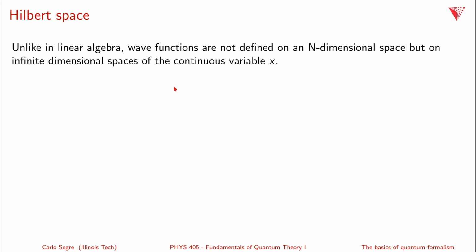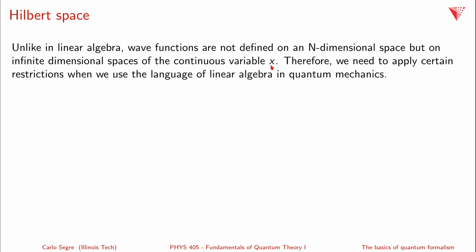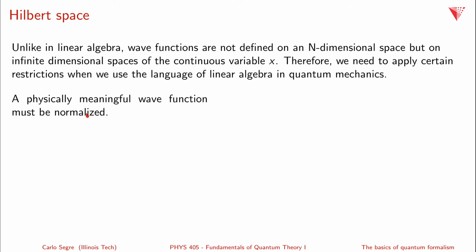All right. So unlike in linear algebra, wave functions aren't defined on an n-dimensional space, but on an infinite dimensional space of the continuous variable x. And so we have to treat things a little bit differently. This means we have certain restrictions when we use the language of linear algebra for quantum mechanics. The first thing is that a physically meaningful wave function must be normalizable.